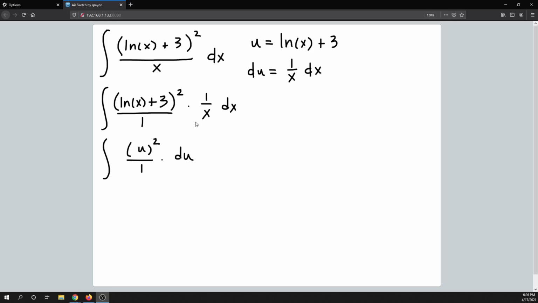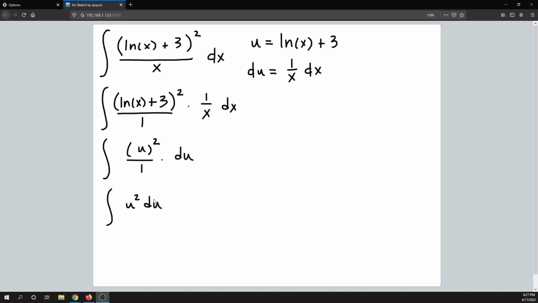But you can pull that apart, and now you can see that the derivative of ln x plus 3, 1 over x, does appear in there. That also confirms it was probably a good choice for u. But the ultimate test is, did the u integral come out simpler than the one I started with? And it absolutely did.